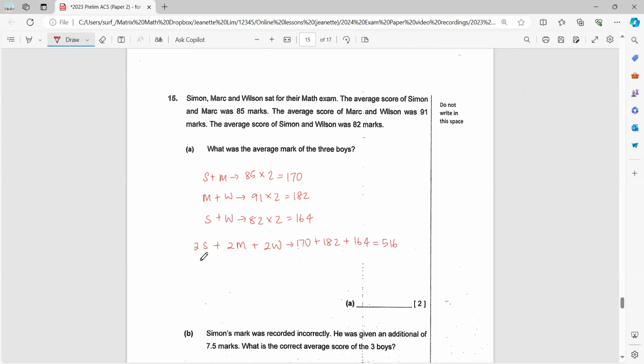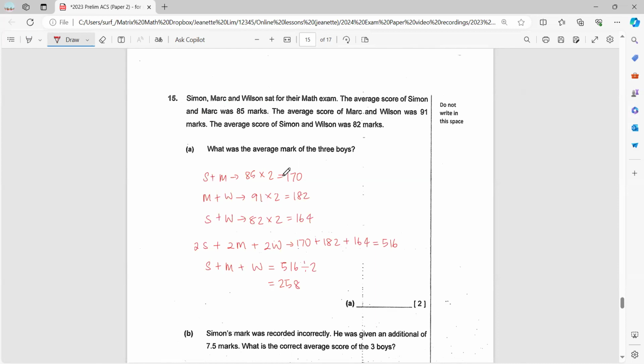To find the total of the three boys, we'll take this 516 and divide by 2. Because now we have 2 each and we only want 1 each. So you get 258. This is the total of all three boys.